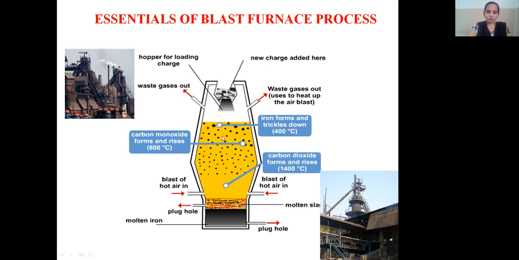When it comes to the stack line side, it is reduced to FeO. When it comes to the Bosch zone side, iron oxide is reduced to iron. And in front of the tuyere, carbon of coke reacts with oxygen to form carbon monoxide gas.